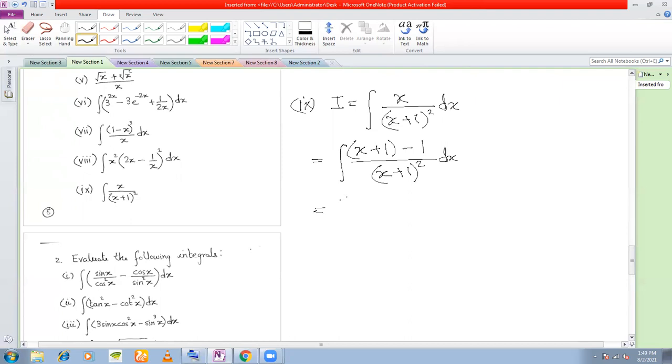Now you separate. You can write this as x plus 1 by x plus 1 whole square minus 1 by x plus 1 whole square dx, right?